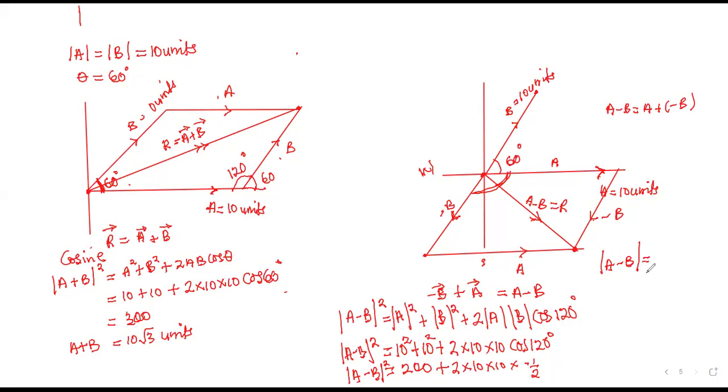It's not 100. I'm not saying A minus B squared. Help me find the magnitude of A minus B. The answer is 10 units.